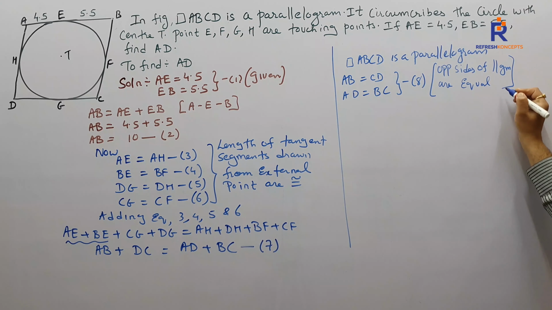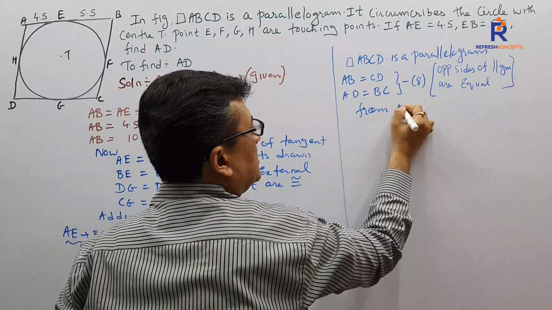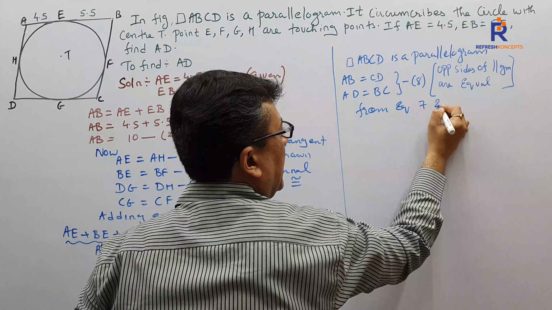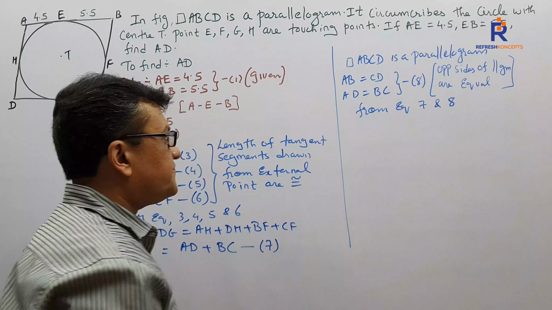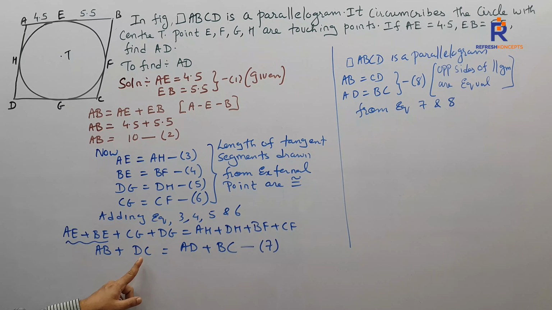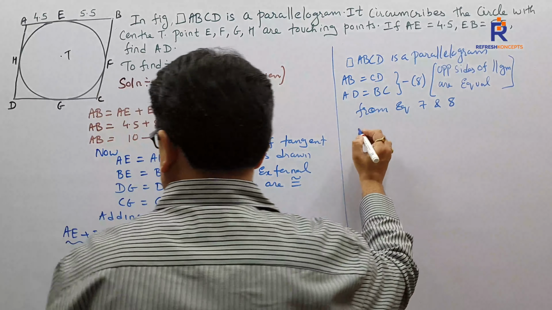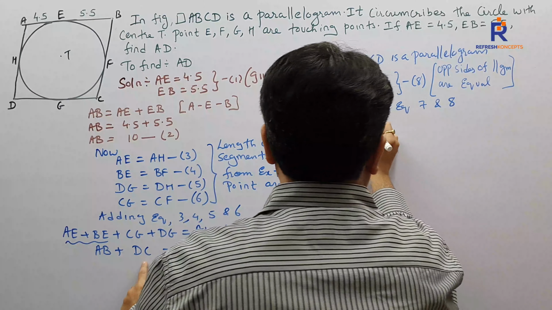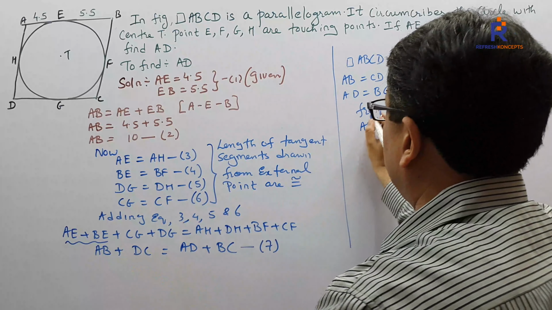From equation 7 and equation 8, AB plus DC, but DC is equal to AB.